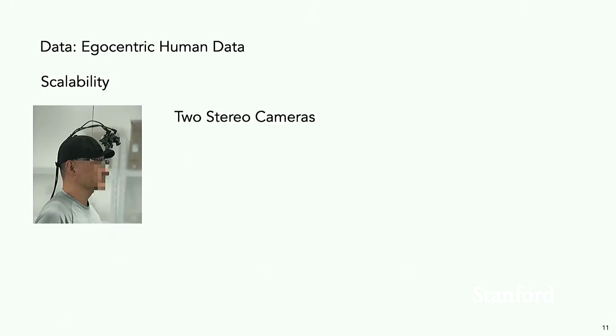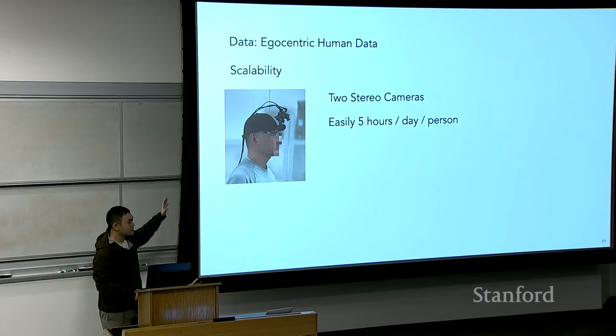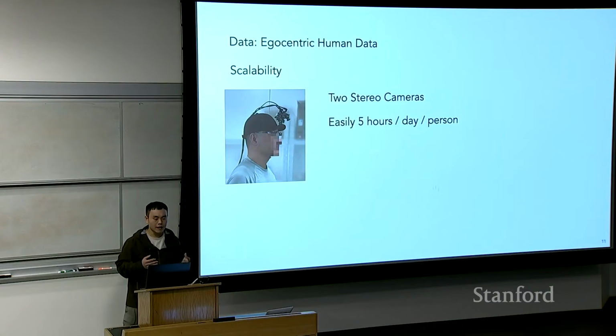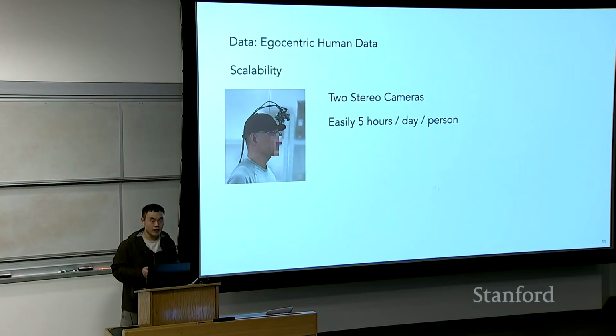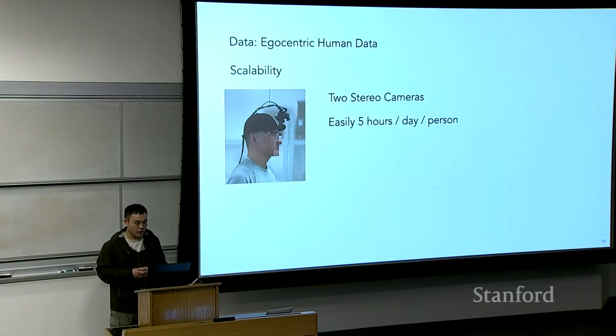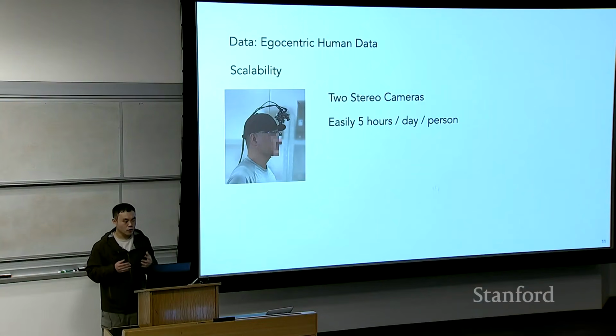We put basically 2 stereo cameras on a cap, and then connect it to something like a Raspberry Pi to capture the data from an egocentric view. As a result, with this very simple setup, we can capture 5 hours of data each day per person. So this is pretty scalable in the sense that you don't need to affect the human's daily work.